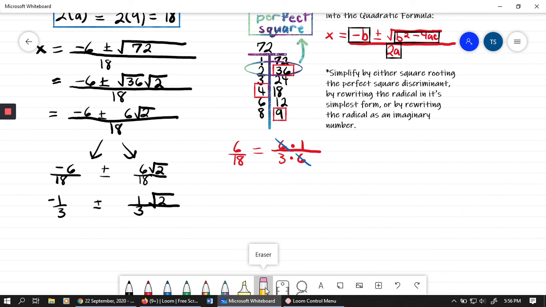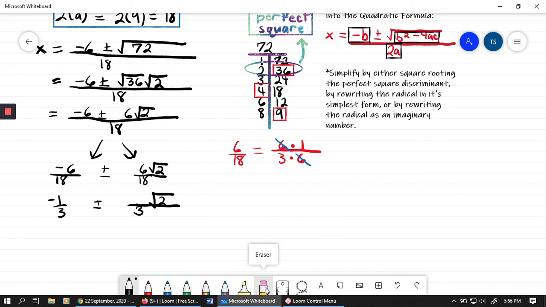So 1 times the square root of 2 is just going to be the square root of 2. So I'm going to go ahead and erase this 1 here. That just makes sense to me. So this is the same thing as 1/3 the square root of 2. But again, I'm not writing the 1 because it's not necessary.